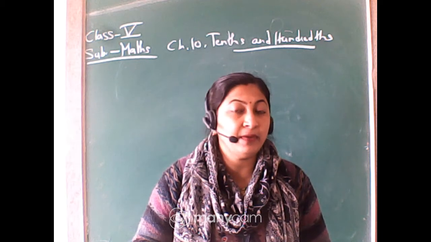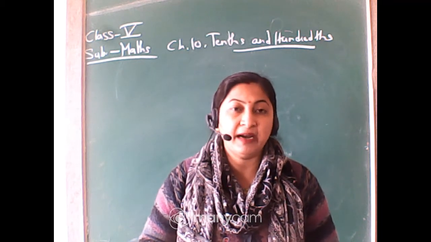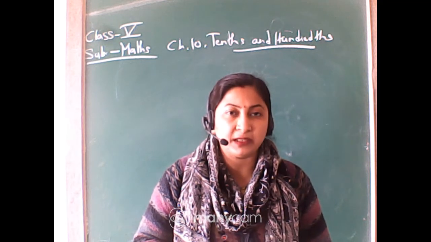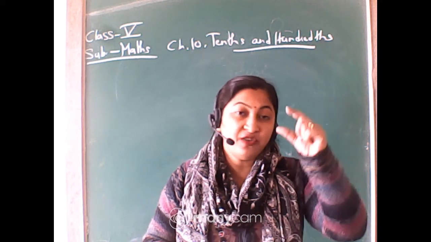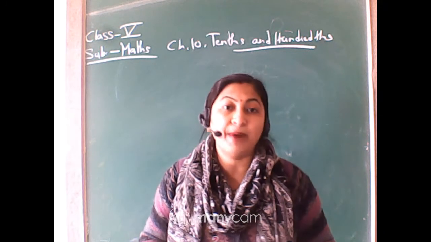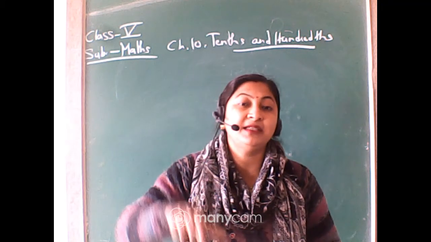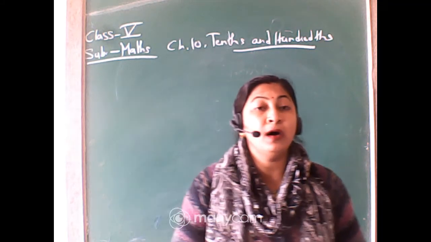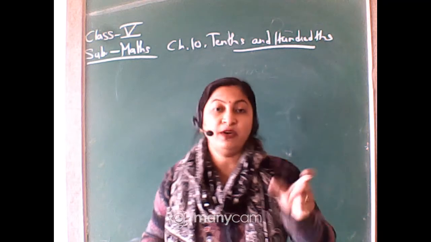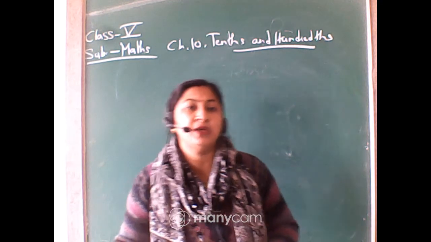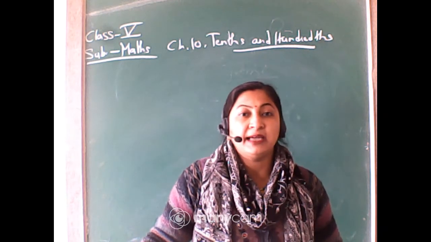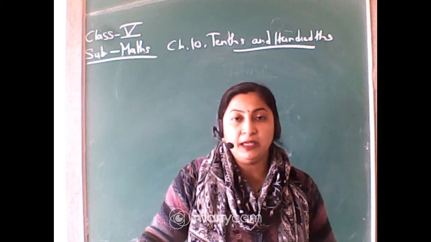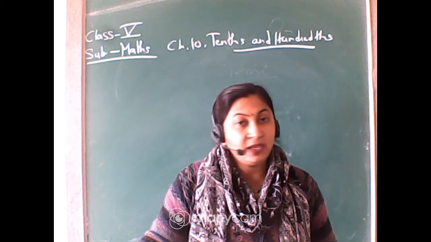I think you have remembered in class 4, when you were drawing the circle with the help of the compass, isn't it? And I have told you that you will use a smaller pencil in the compass. Why? Because it is very easy to make the round with the compass if the pencil is small, and it will give you an accurate measurement of the radius and a perfect circle you can draw. That's why I have told you that you will use a smaller pencil to draw the circle. So I think you have remembered that one.